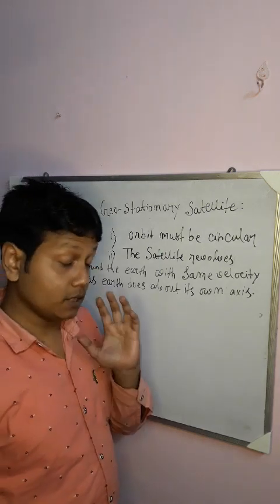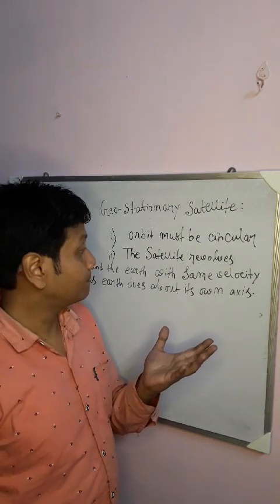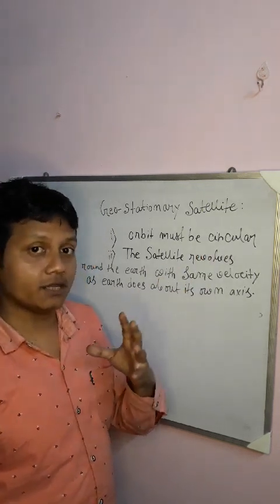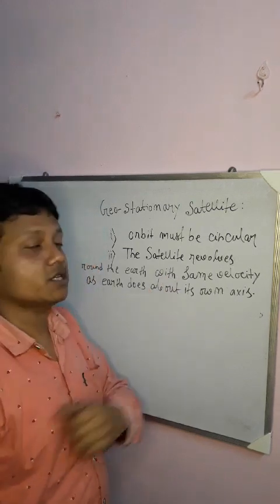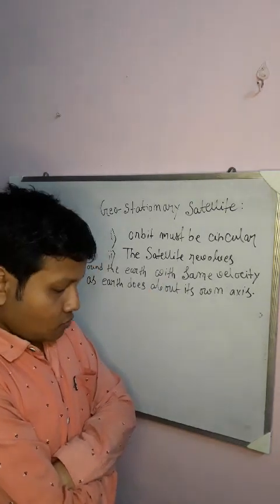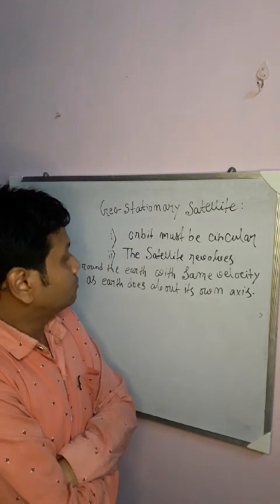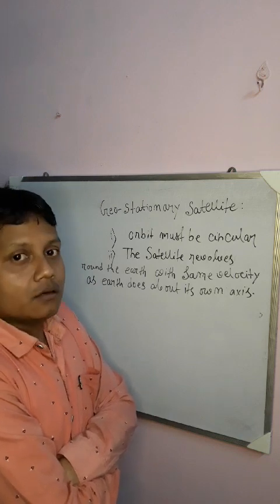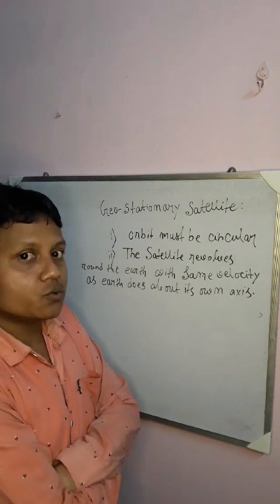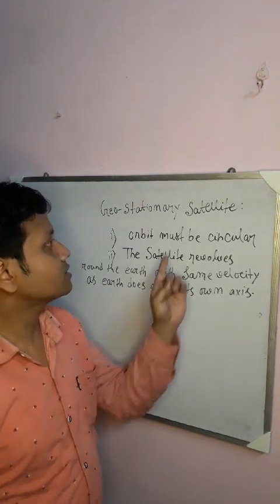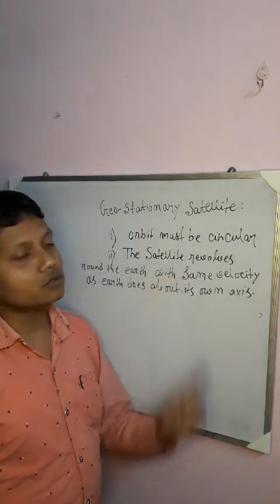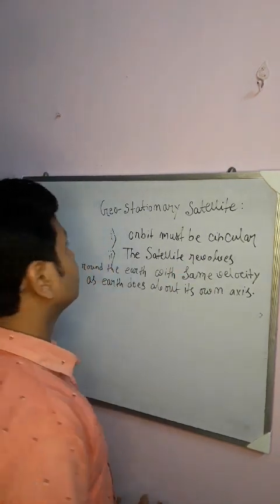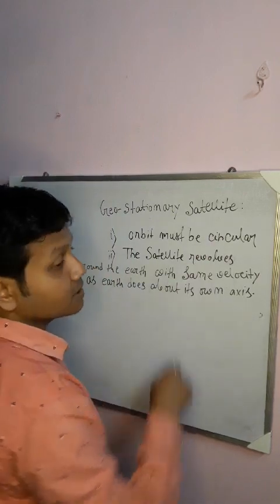So the velocity will be the same and equal to the velocity of the satellite that is rotating around the earth. That means the orbital velocity of a geostationary satellite must be equal to the velocity of the earth when it rotates about its own axis due to spin motion. A satellite is said to be geostationary if it satisfies these two conditions.